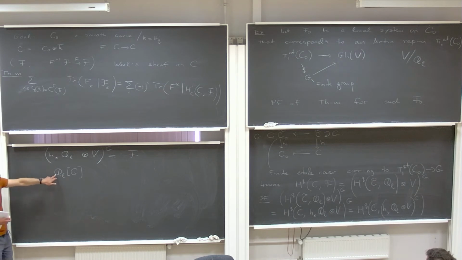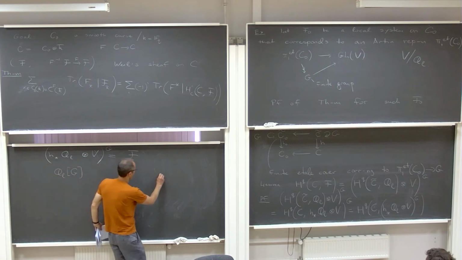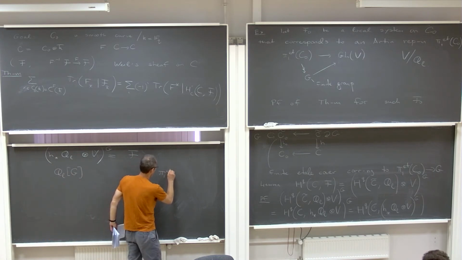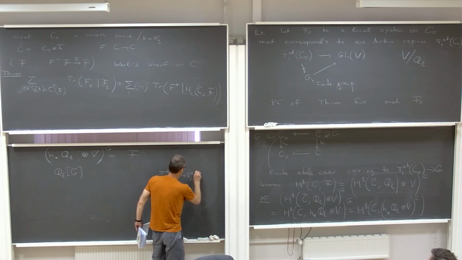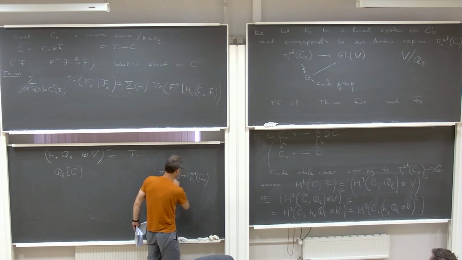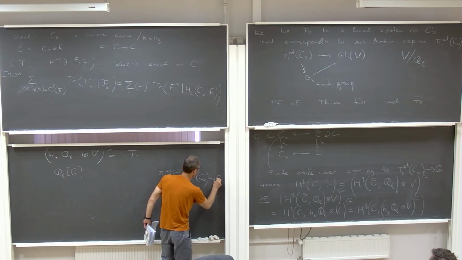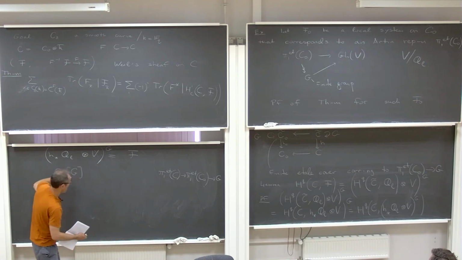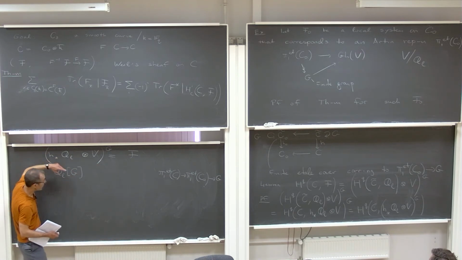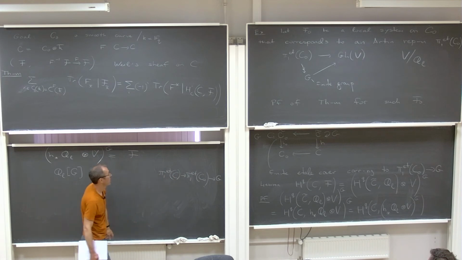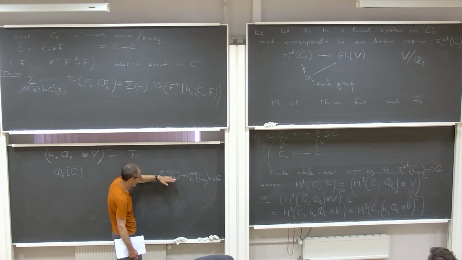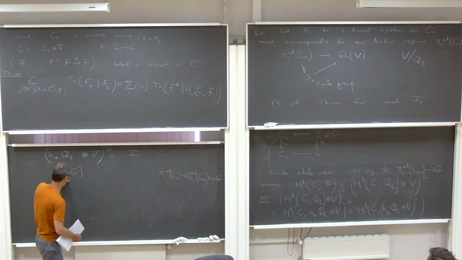And I claim that it corresponds to a representation of pi 1 etale of C. It maps to pi 1 etale of C0 because C maps to C0, and this maps to G. So there is a left action of this group on this group algebra, via this composition, right? There is a map from the fundamental group to G, and G definitely acts here.